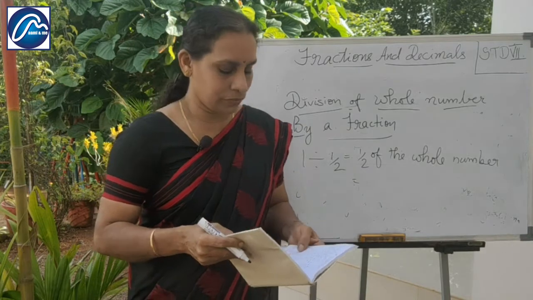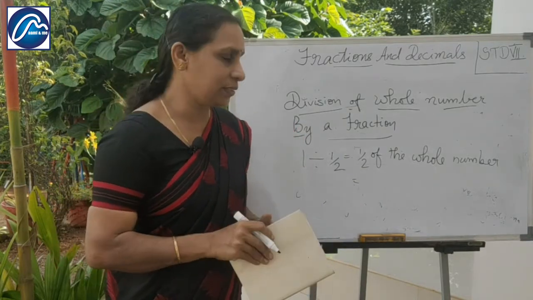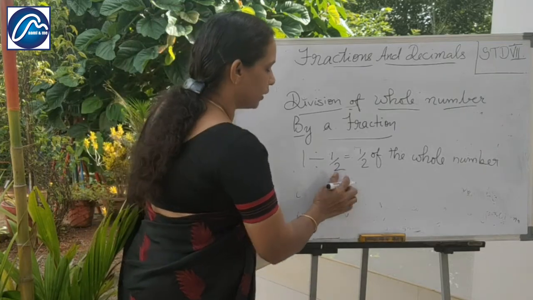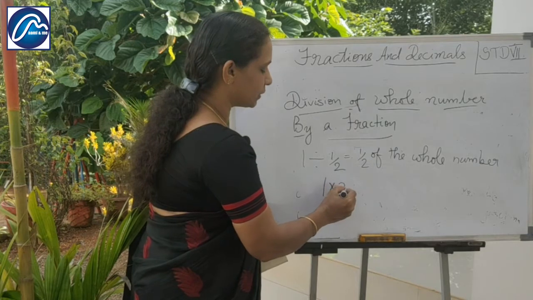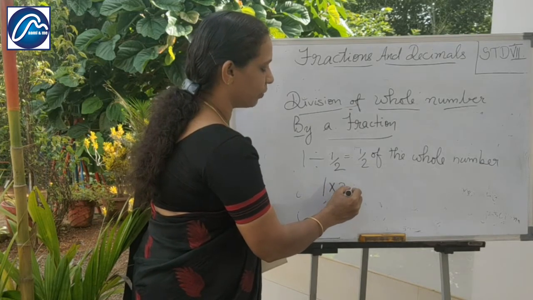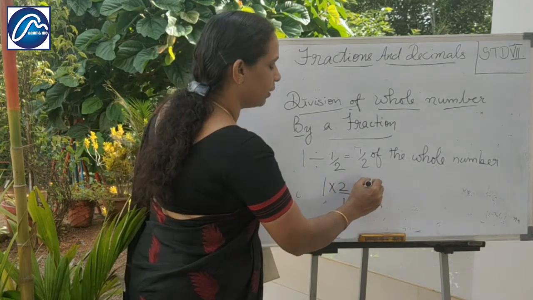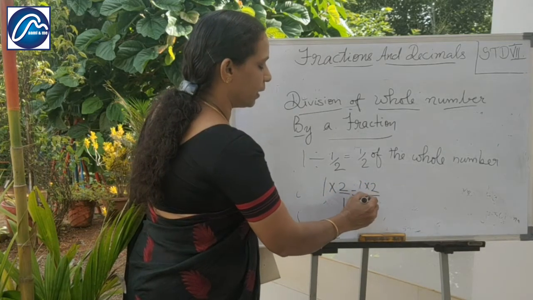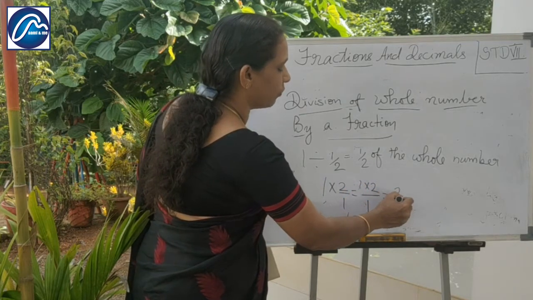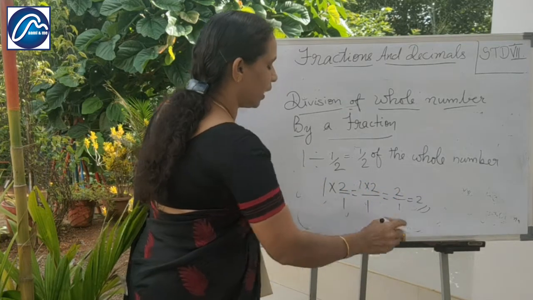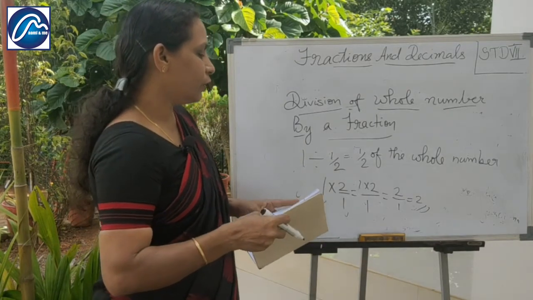So when you are dividing a whole number by a fraction, you take the reciprocal of this fraction. That means 1 into 2 by 1. When you are multiplying, you multiply the numerators and put the denominator there. 1 twos are 2, 2 by 1, that is 2. So the answer is 1 divided by half is equal to 2.